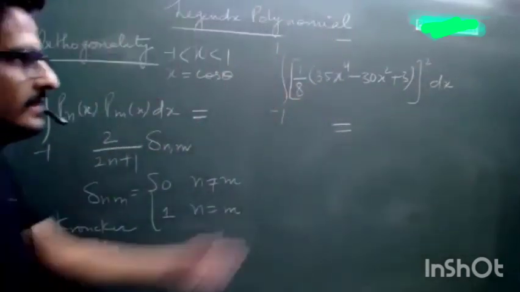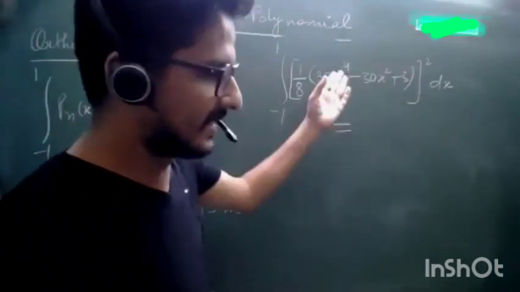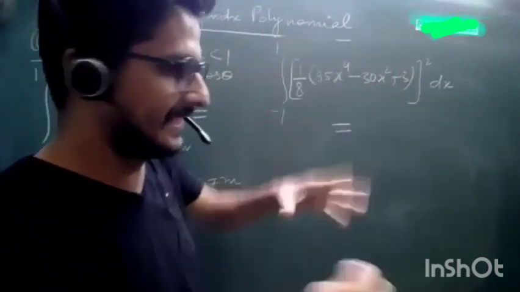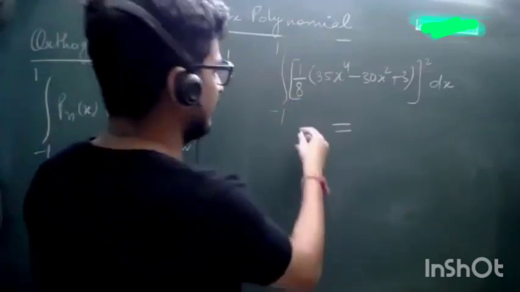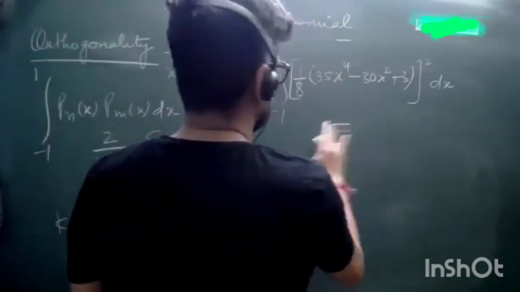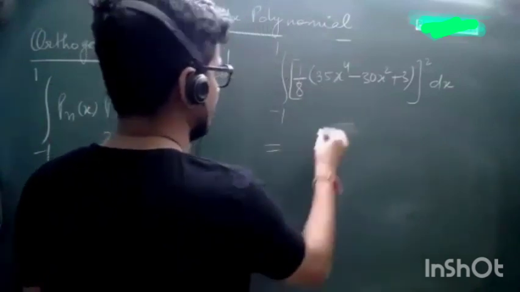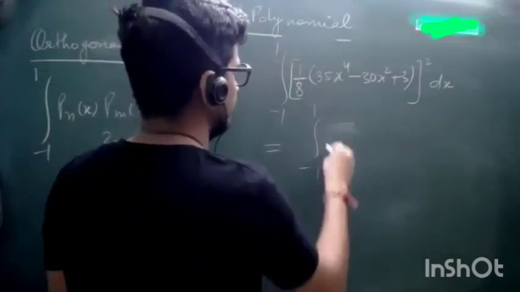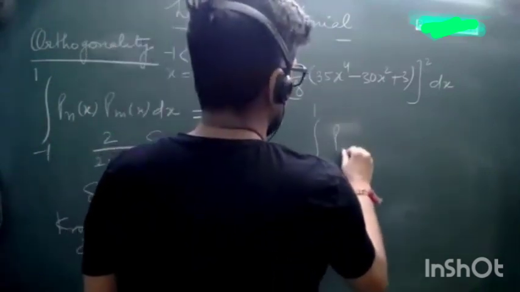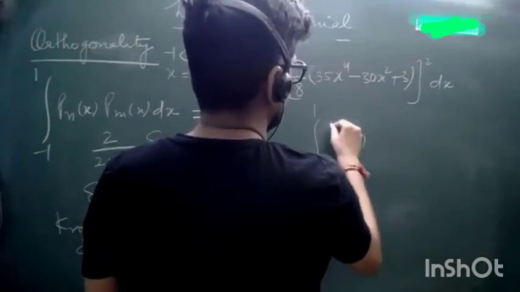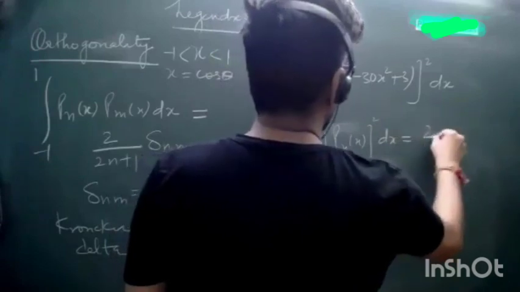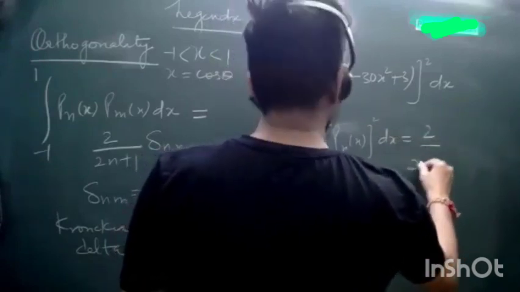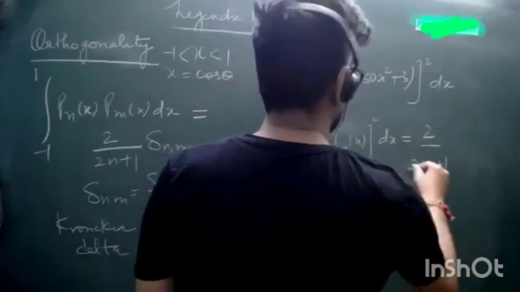So this is the value of P4, and if I write the square of this in the integral dx, its value is so tough. Can you see? If I have to open it and then integrate it. But I can write this integral from -1 to 1 of Pn square dx. That means n is equal to m, and the answer is 2 by 2n plus 1.